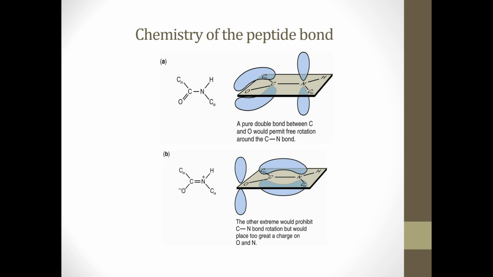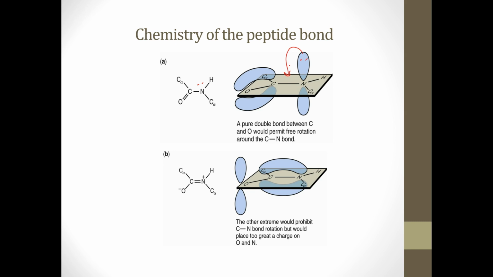So, what does this look like and why does it occur? Well, as drawn here, we have a lone pair on that nitrogen. That lone pair occupies a vacant p orbital. This lone pair, as part of resonance stabilization, can form a double bond between carbon and nitrogen.